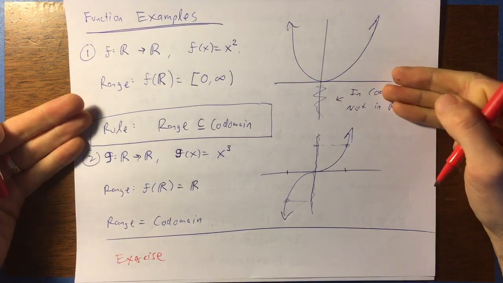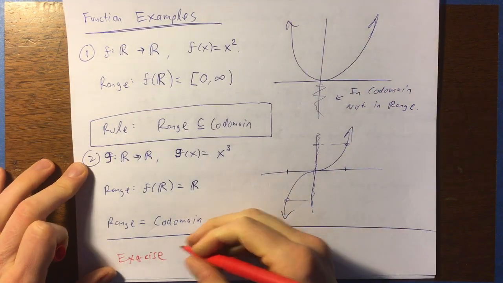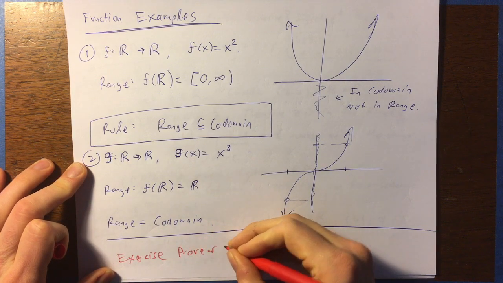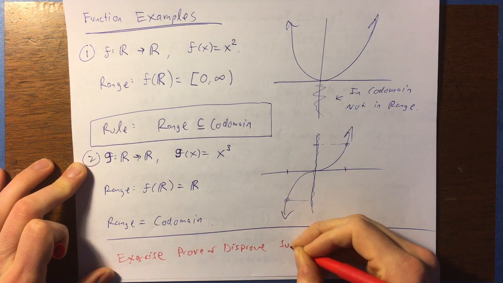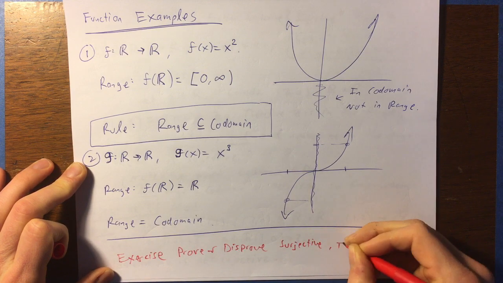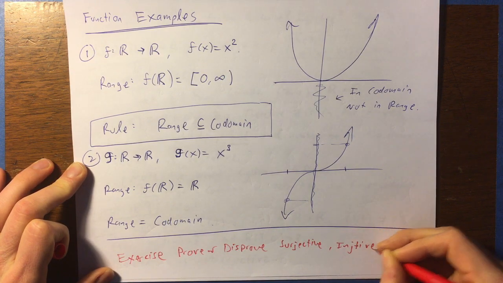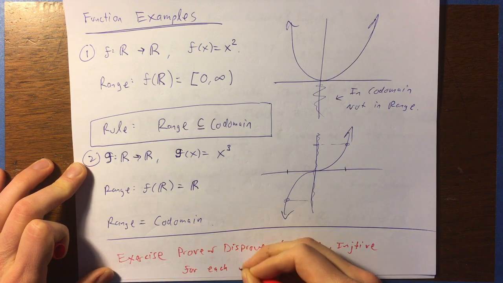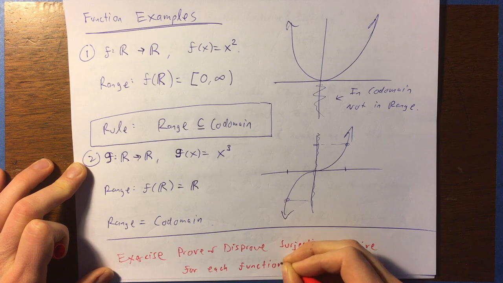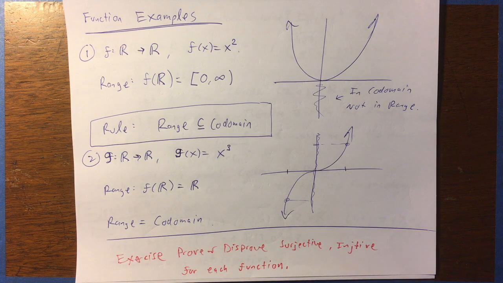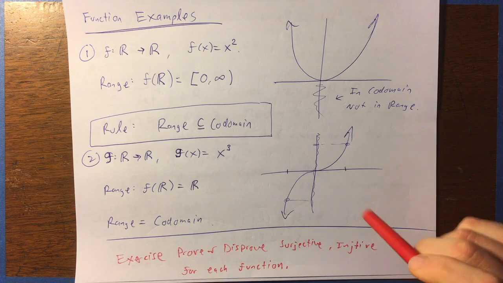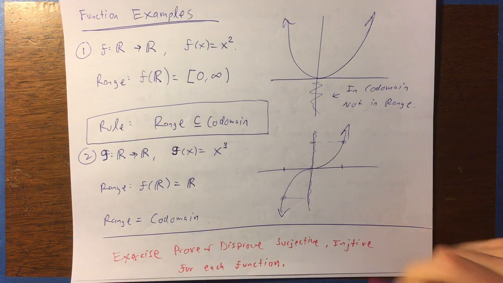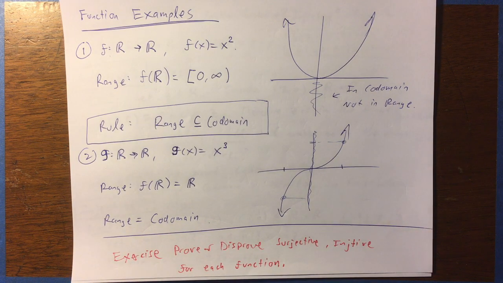Either prove or disprove each of those qualities for each function. Give that a shot. That'll give you some practice writing surjective and injective proofs, and some practice grappling with the ideas and figuring out whether something's surjective or injective. Once you finish that, you can post your proof on the discussion board, and then we can have a little conversation about it. I'll give feedback here and there as necessary.